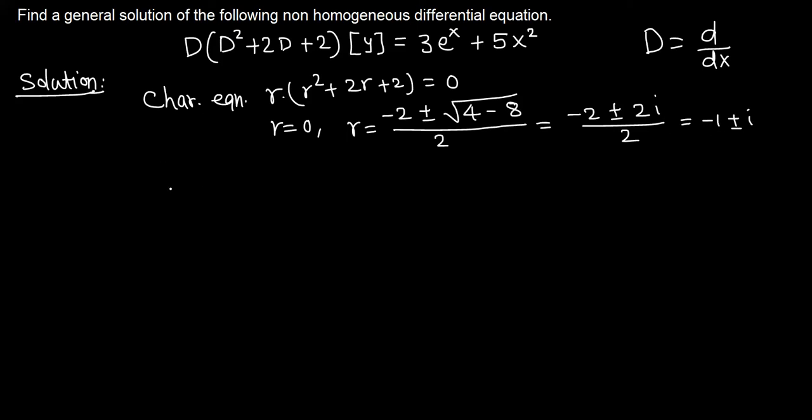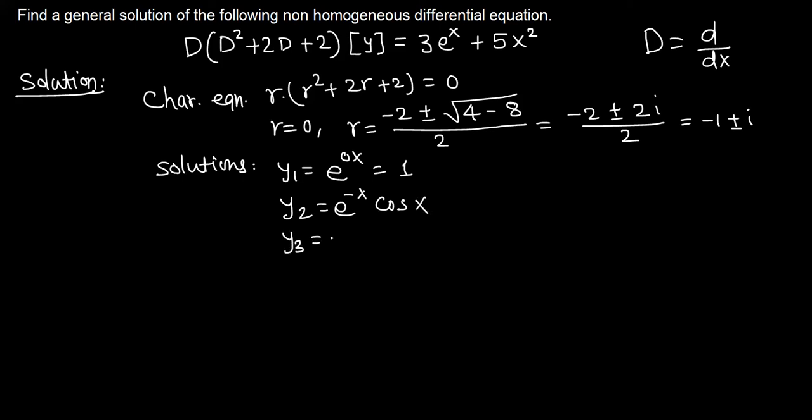So based on those three roots, we have three solutions. We can say y1 is e raised to 0x, which is in fact 1, and y2 and y3 come from the complex roots: e raised to negative 1x, so y2 is e to the negative x cosine x, and the third will be e to the negative x sine x.